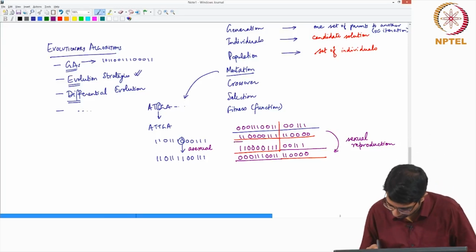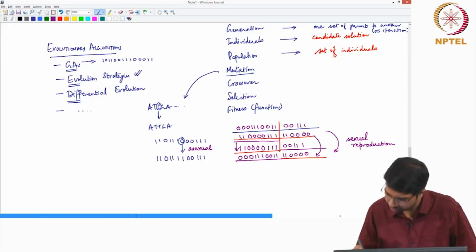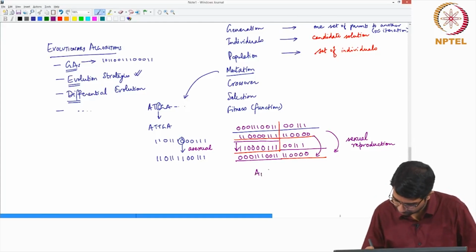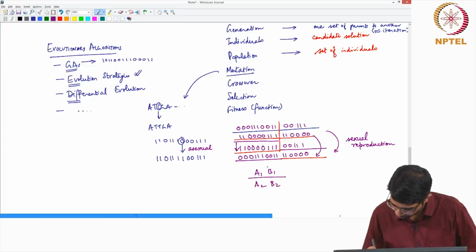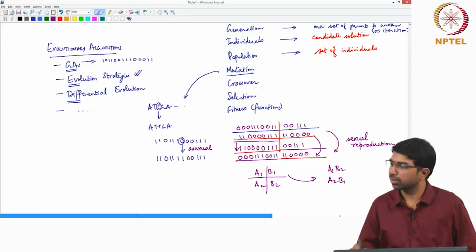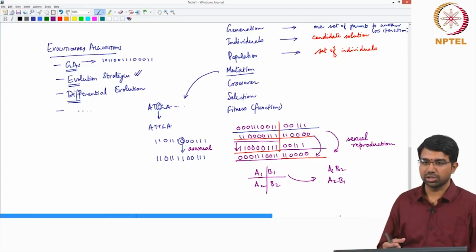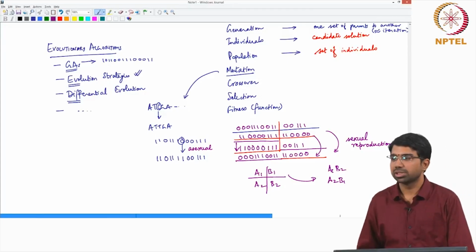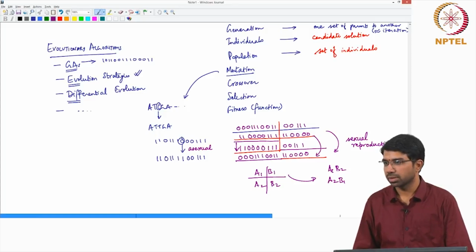So, this fragment comes directly here and this fragment goes here and so on. So, essentially if you have an A1 B1 and A2 B2, you have a crossover which gives you A1 B2 and A2 B1, if these are segments of the genome, or here in this case segments of your bit strings, bit vectors.